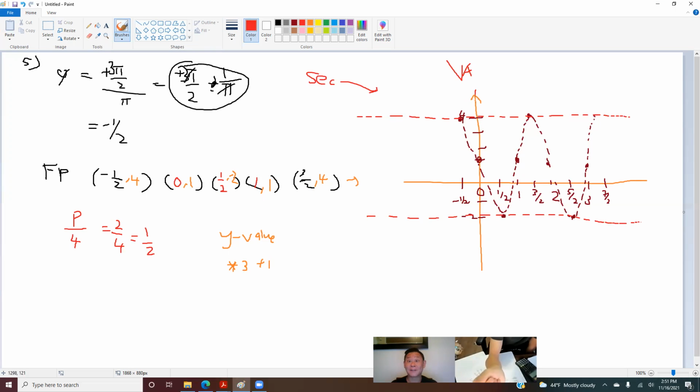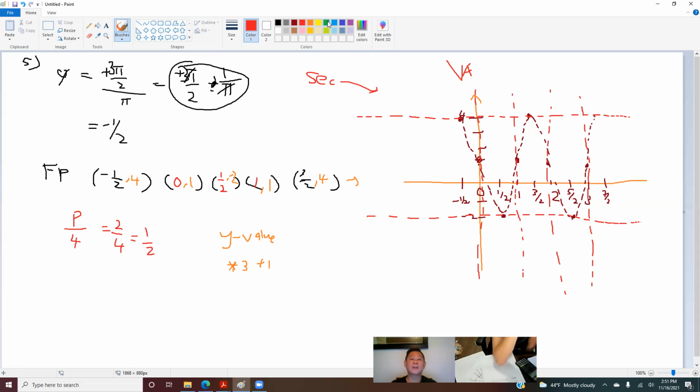Right on the y-axis, that is correct. And then at 1, and then at 2, and then at 3. Yes, that is correct.